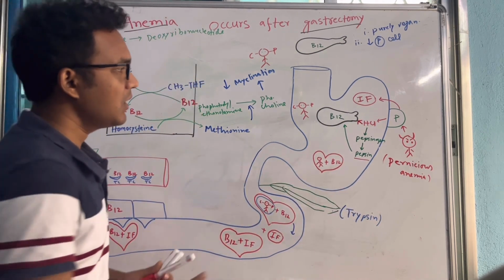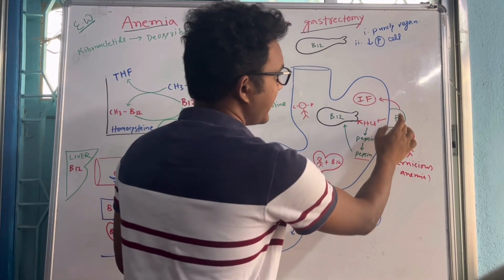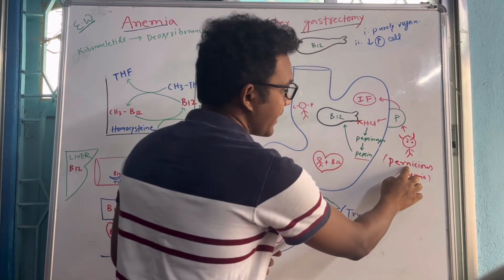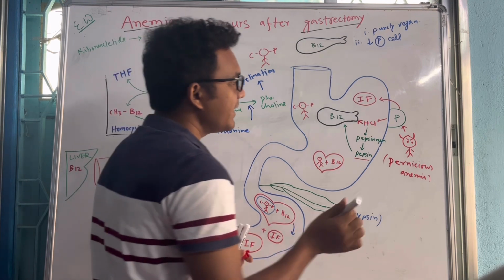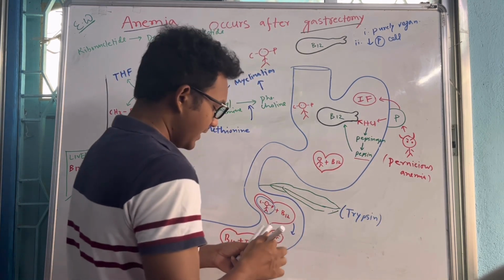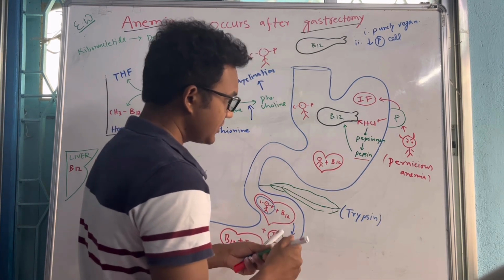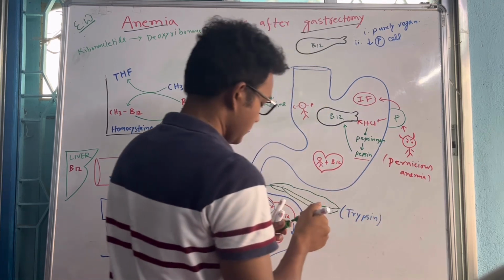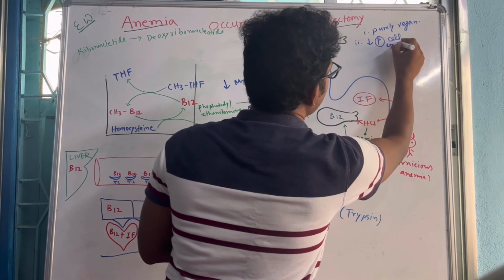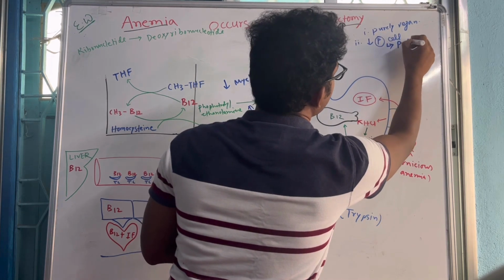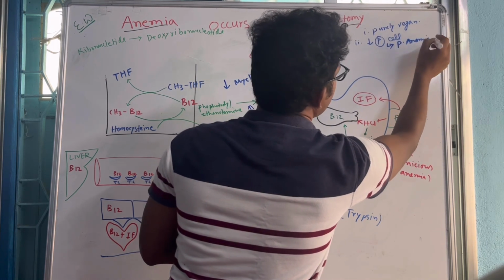Now, in what other condition can this parietal cell be destroyed? This pernicious anemia is not common in India.